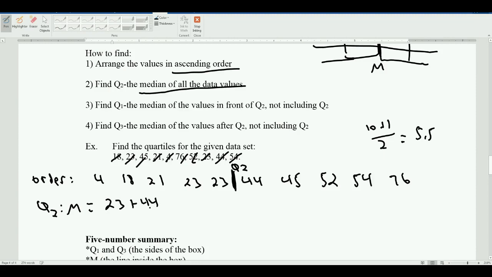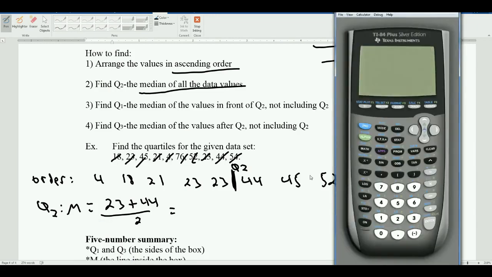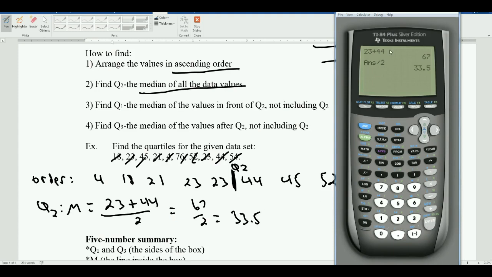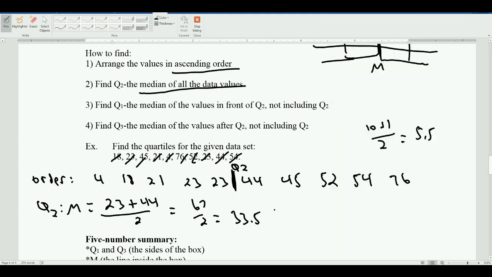So it's 23 plus 44 divided by 2. Let's just take out our calculator, since we have one. 23 plus 44, which is 67, divided by 2, is 33.5. That's our Q2.